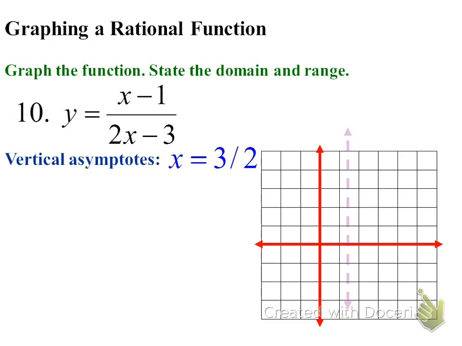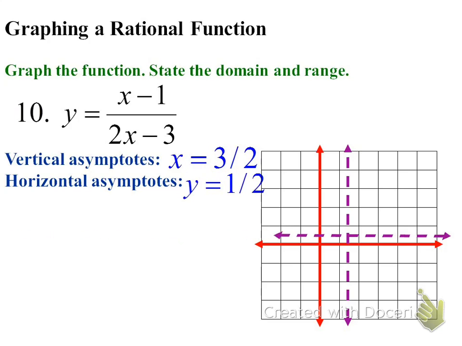So x equals 3 halves. So again, that's kind of between the 1 and the 2. Horizontal asymptote is the ratio of those lead coefficients, which is a half. Yep. So y equals a half.